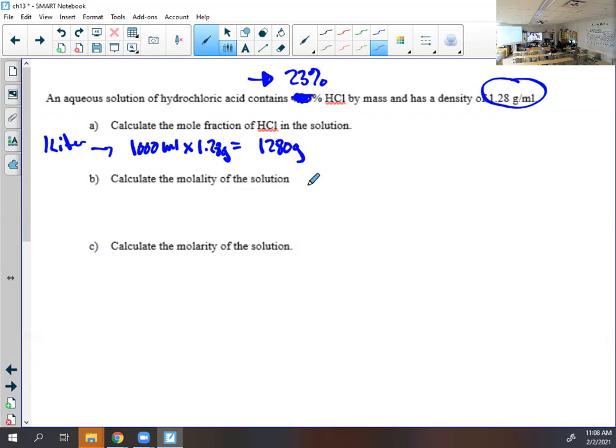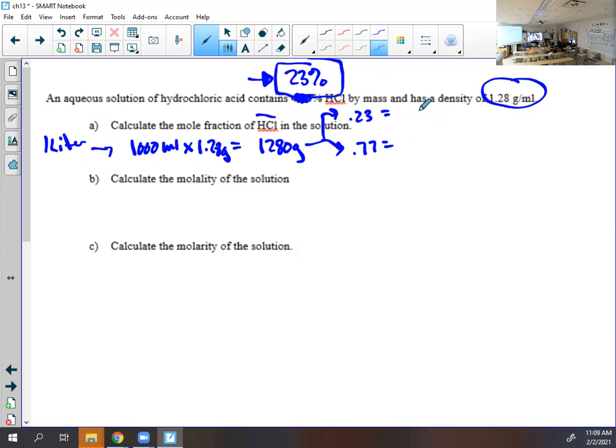All right, then I can use the percent idea right here. 23% of it will be the HCl, and 77% of it will be the water. So I multiply this number by 0.23, because 23% in math is 0.23, and down here by 0.77, and that will tell me the grams of each thing.